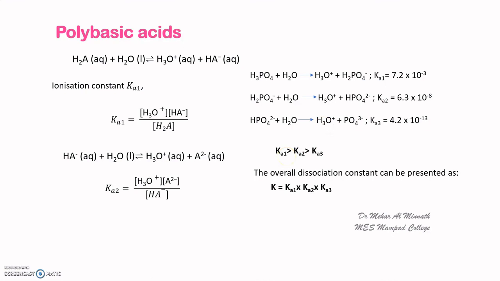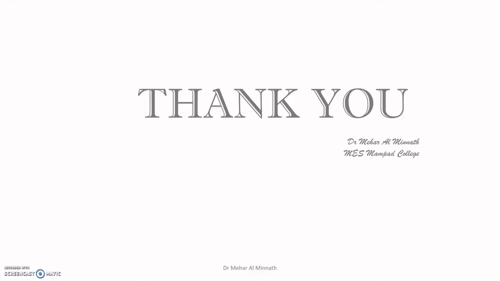So for any polybasic acid, the overall ionization constant will be the product of the first ionization, second ionization, third ionization constants, etc. And remember, the higher order ionization constants have lower values, because it becomes difficult to remove a proton from a negatively charged species. Alright, so that's regarding the ionization or dissociation of acids and bases. Thank you.